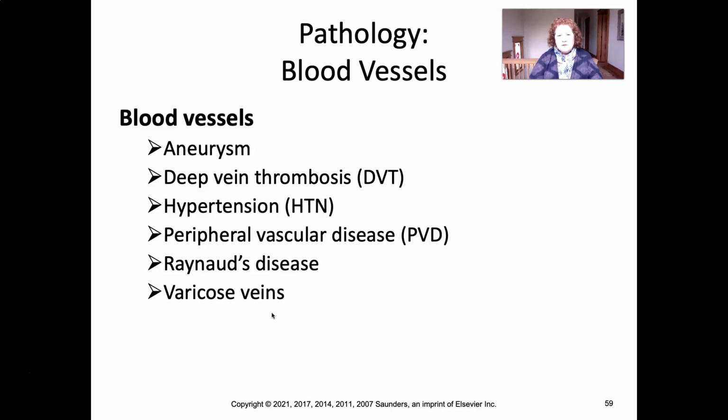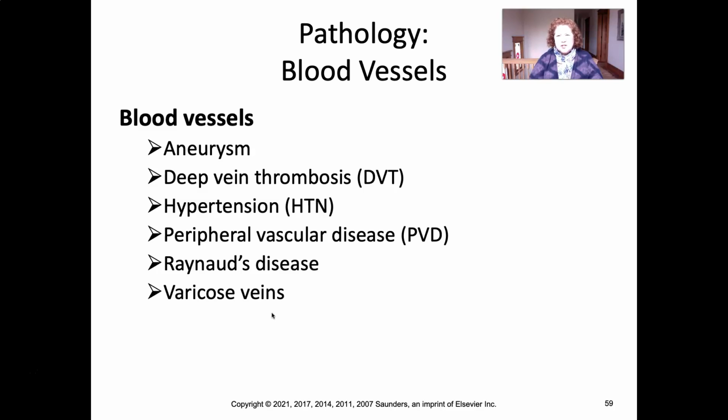And the clots can go on from there. It's not a good situation to have a clot roaming free in your body. We talked about in the last chapter, chapter 10, about the nervous system and about strokes or cerebrovascular accidents that can be caused by a thrombosis or a thrombotic event.